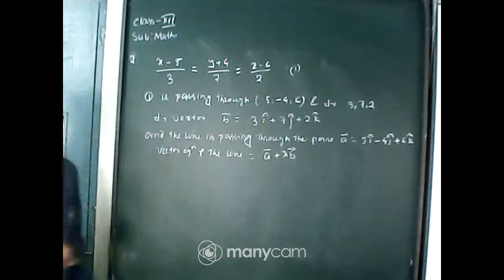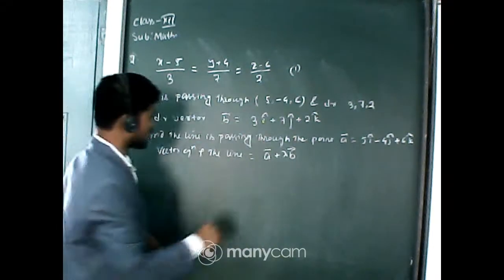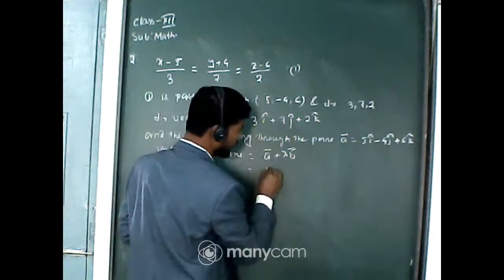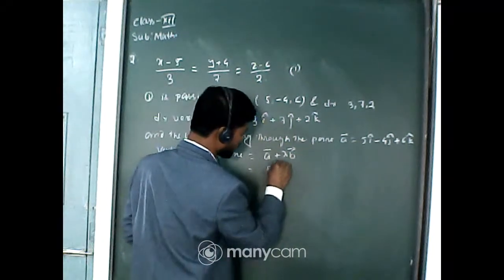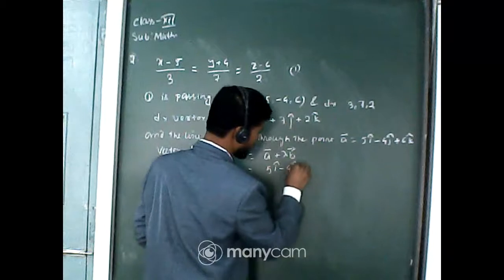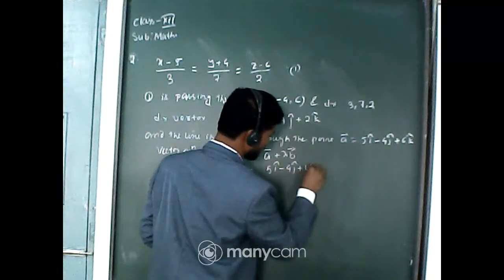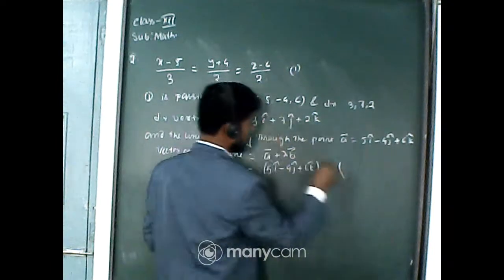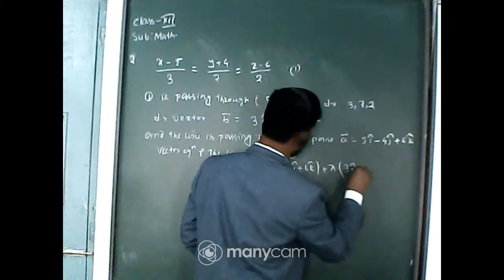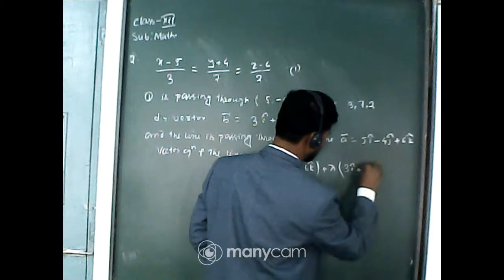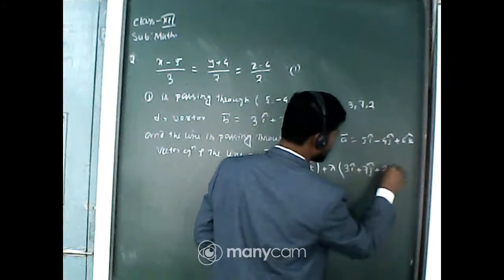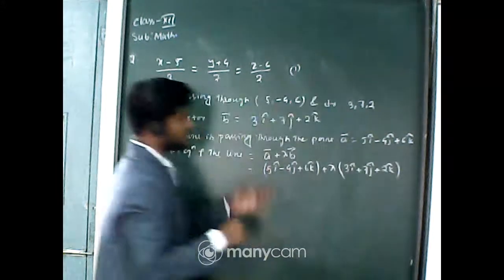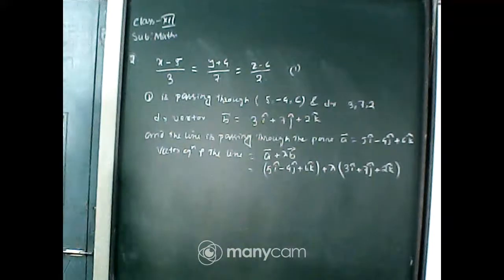Okay, now just put the values. The value of a is 5i - 4j + 6k, plus lambda times the b vector, that is 3i + 7j + 2k. So this is the vector equation of this line 1.